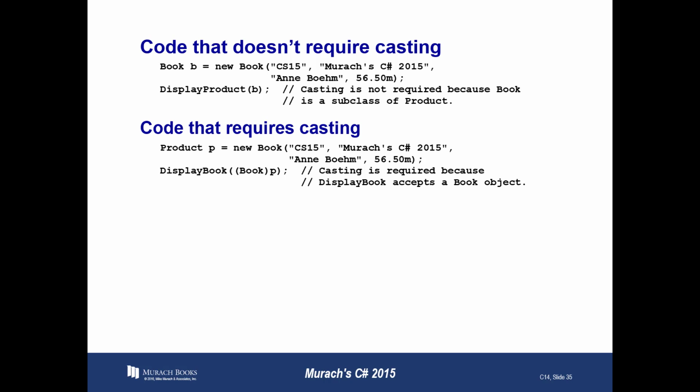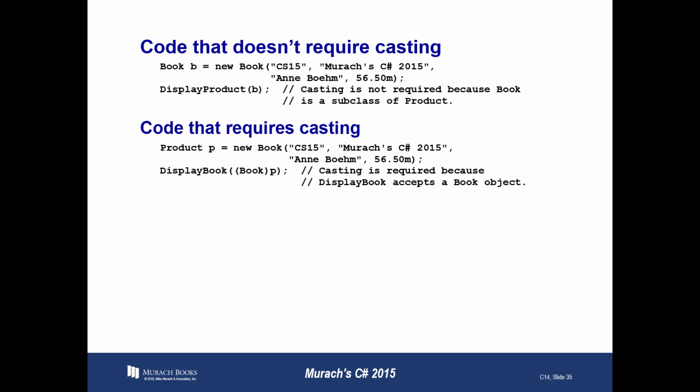For example, you can specify a Book object whenever a Product object is expected because a Book is a subclass of Product. However, you must explicitly cast a base class object when a reference to one of its subclasses is required. In other words, you must explicitly cast a Product object to a Book if a Book object is expected.